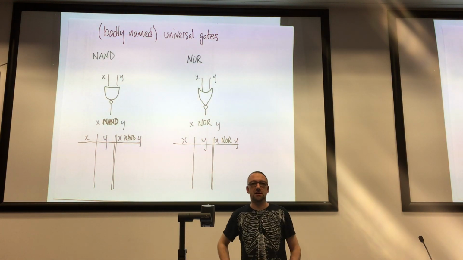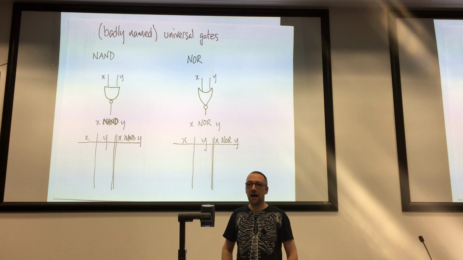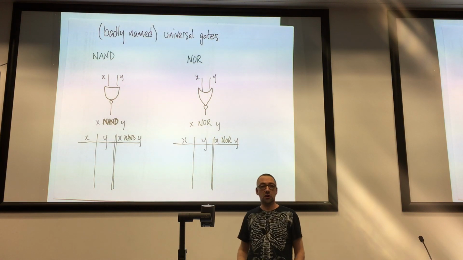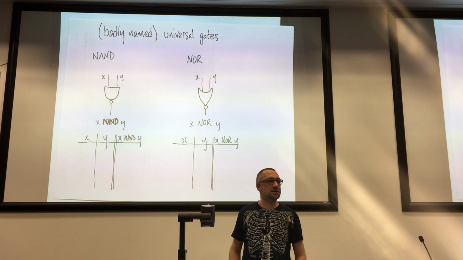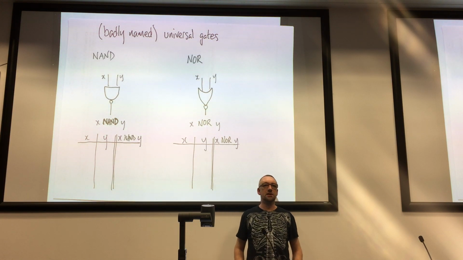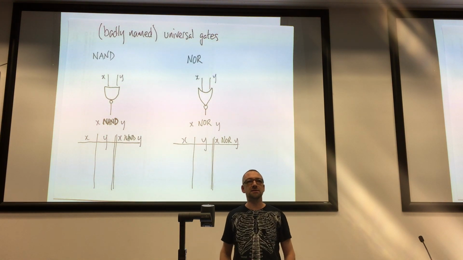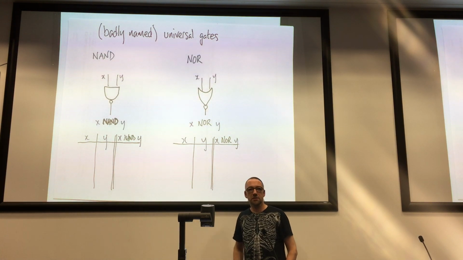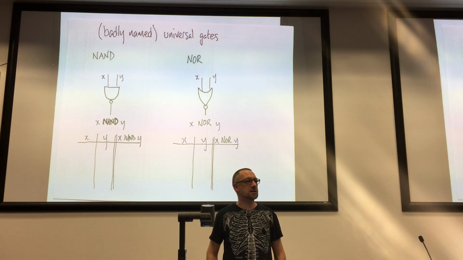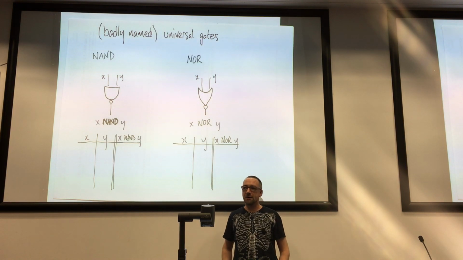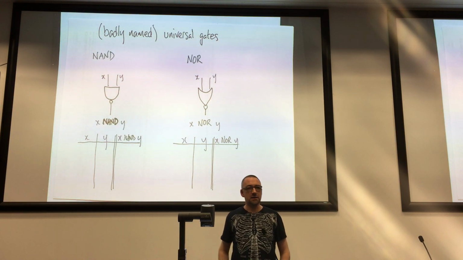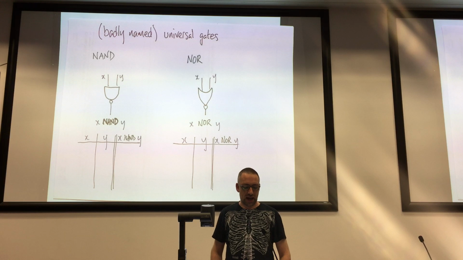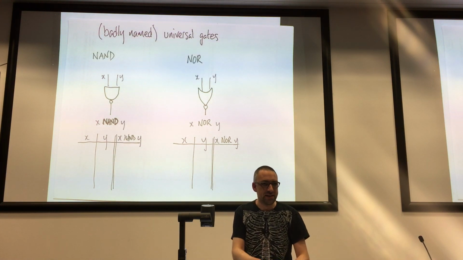These gates are called NAND and NOR, and as you can see from the diagrams, they look a lot like AND and OR, except that they've got the nose ring of contrarianism on the diagram and an extra N on the front of the name, and the extra N stands for negated.